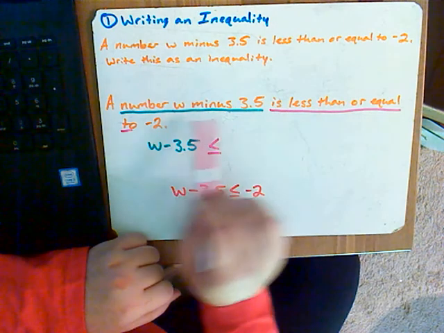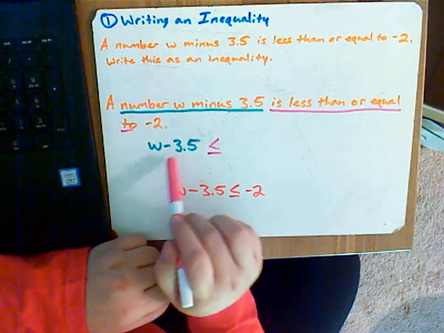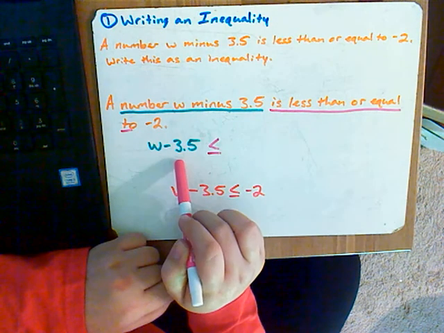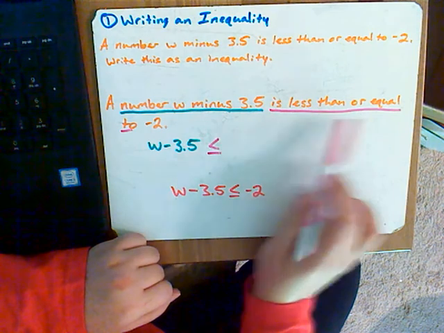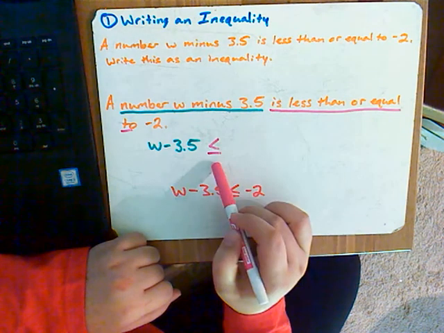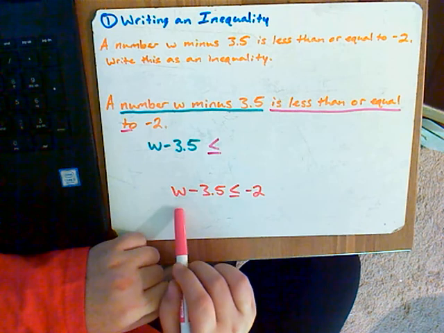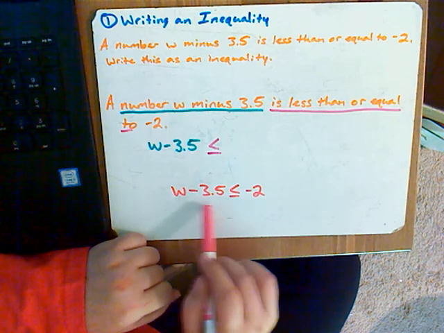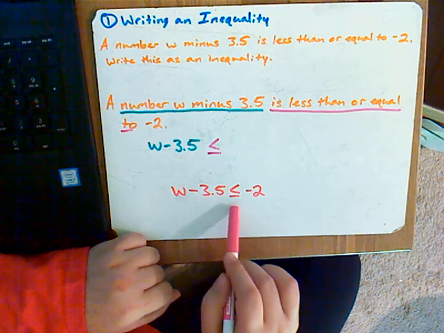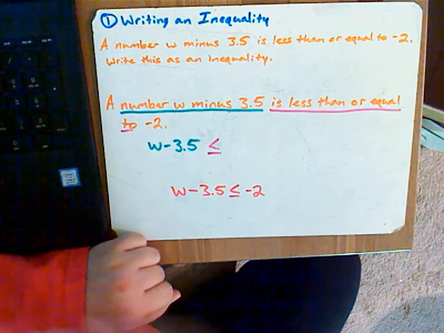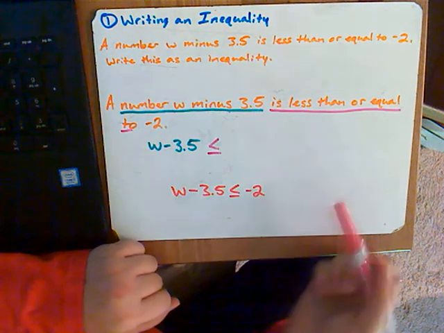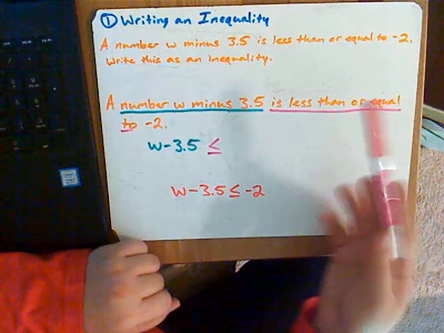A number w minus 3.5 can be written w minus 3.5. Is less than or equal to, we know what that symbol looks like. So our inequality is going to be w minus 3.5 is less than or equal to negative 2. And that's how you write an inequality when they give you a sentence.